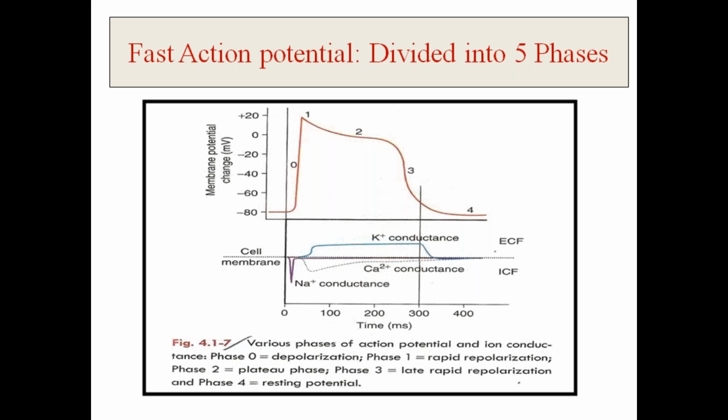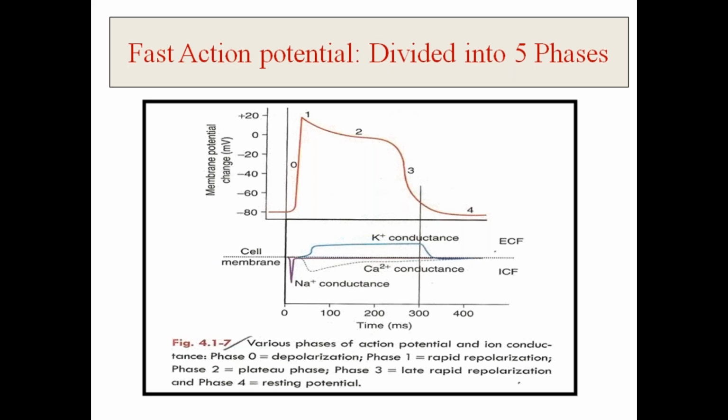So there is initial repolarization in phase 1. After initial repolarization, what happens? There is the opening of the long-lasting calcium channel, and because of this there is influx of positively charged calcium ion from outside to the inside of the cell.